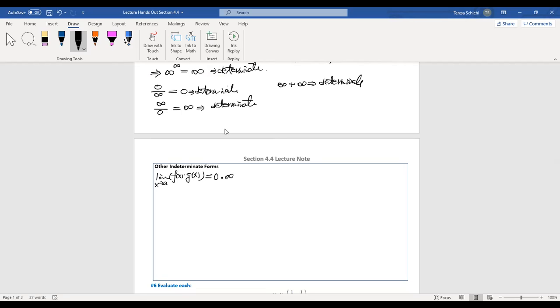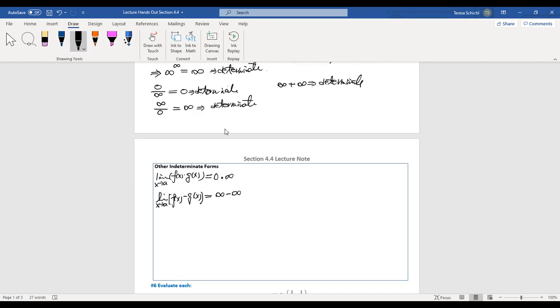The second one is the limit as x approaches a of f(x) minus g(x). Here this is infinity minus infinity. Okay, so this is not determinate.